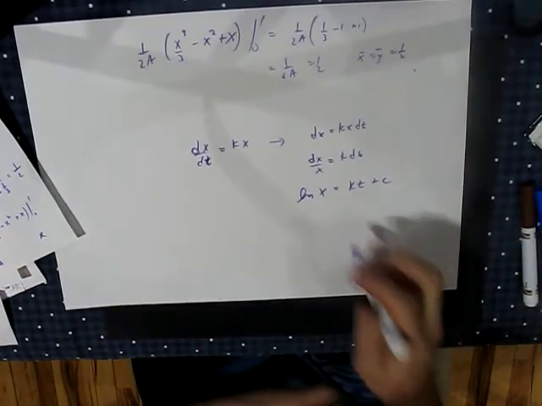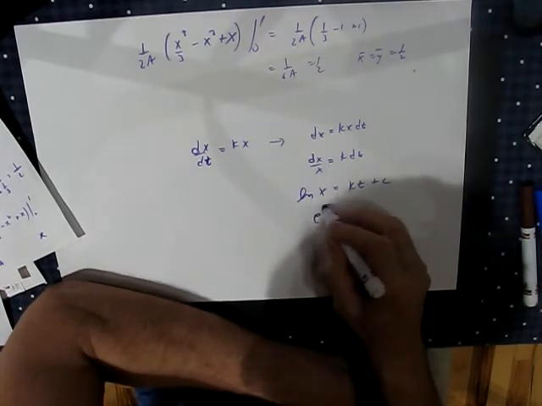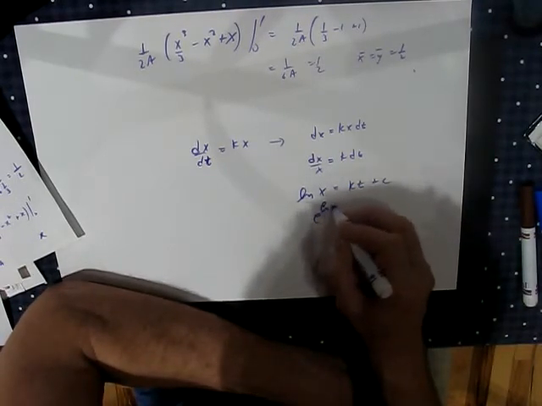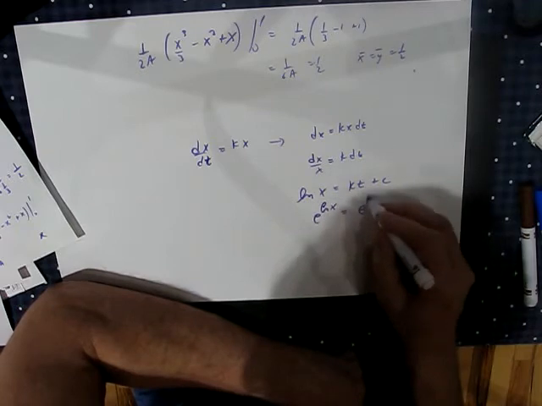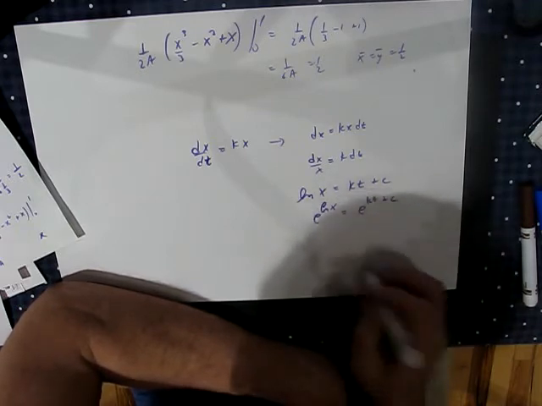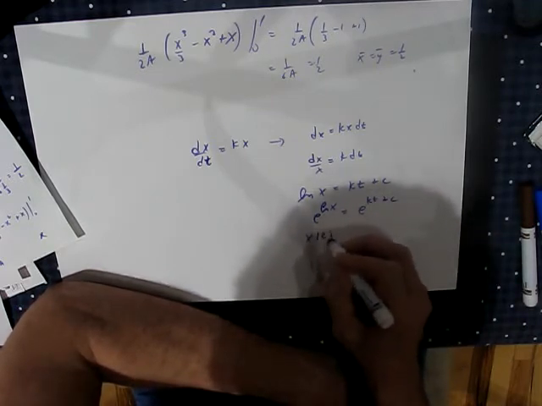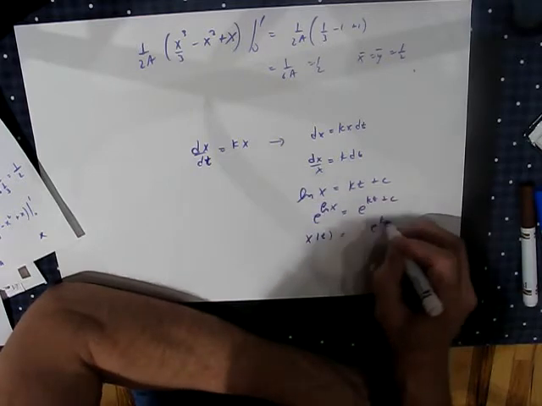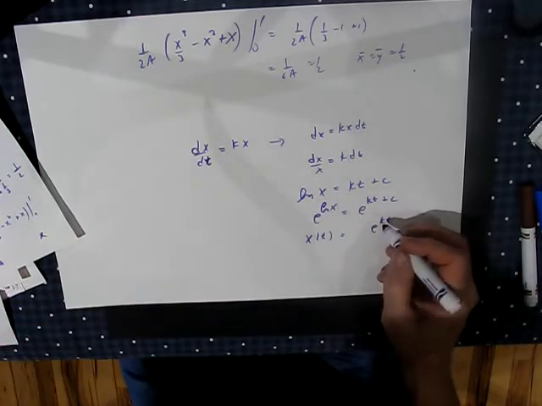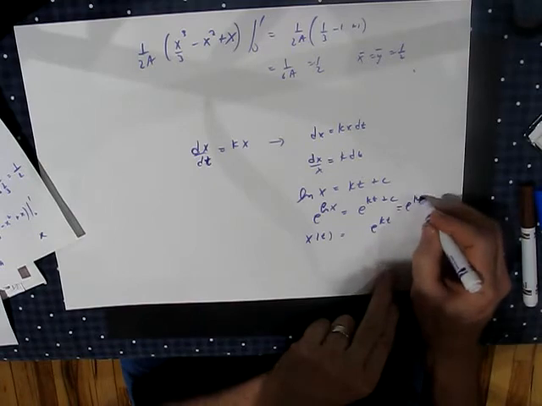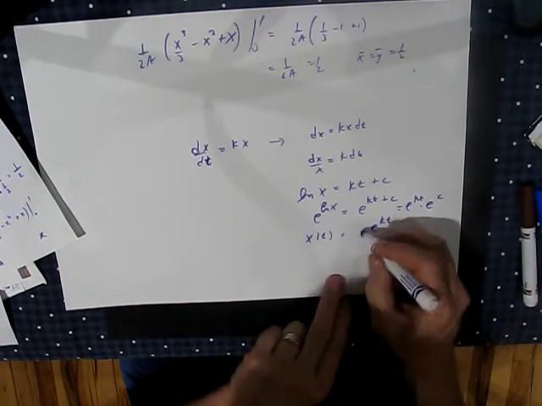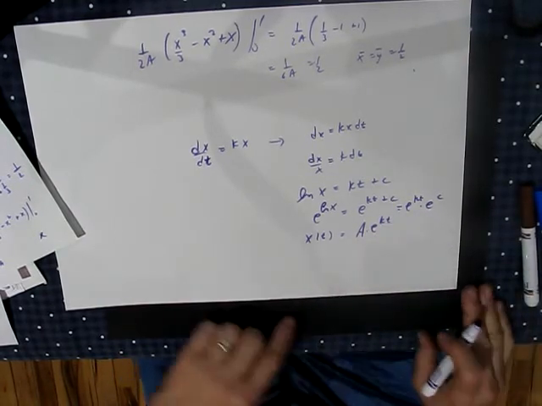Solving for the exponential, we get e to the ln x equals e to the kt plus c, where x as a function of time is e to the kt, and e to the c as a multiplier is some proportionality constant, a.